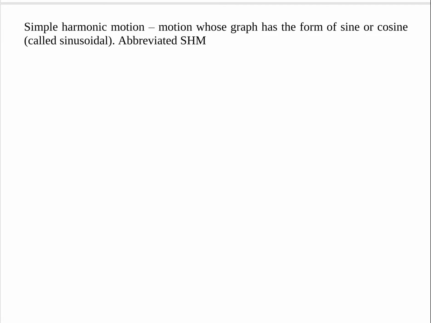We know what sine and cosine graphs look like. We might need to recall what they look like, but we've seen them before. These are called sinusoidal graphs. So if you have a sinusoidal graph, one that has just a wave pattern to it like this, then this is simple harmonic motion.